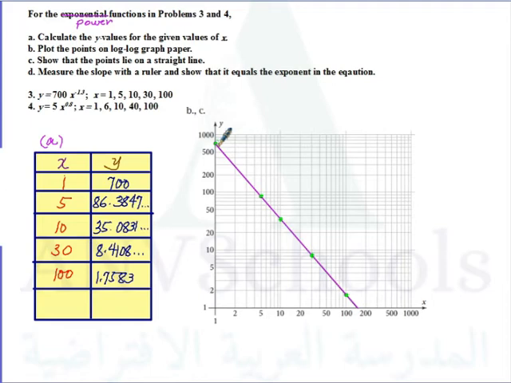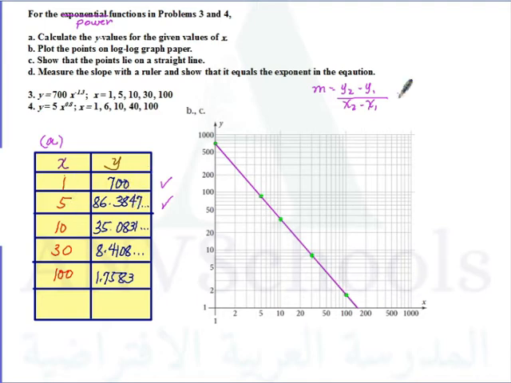Now how do we measure the slope of the line? We have two methods here. We could either use the formula for the slope, which is m is equal to y2 minus y1 over x2 minus x1. And we can just choose 2 points here. So I'm going to choose 1 and 700 and 5 and 86.3847. This is my y2, this is my y1, this is my x2, this is my x1.